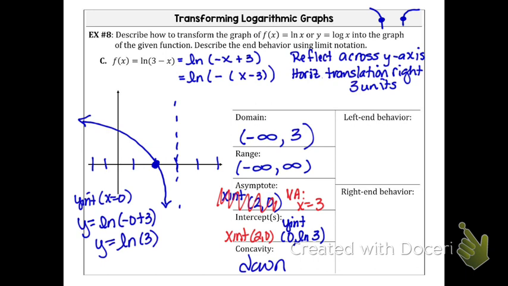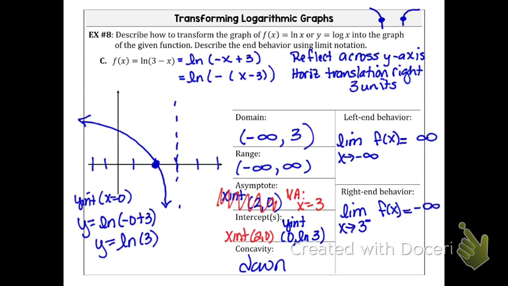So now my left-hand end behavior is the limit as x goes towards negative infinity of f of x equals, and it's going to keep going up, so it's going up to positive infinity. The right end behavior is the limit as x approaches 3 from the left, f of x equals, and at that point it's going down, so it's going to equal negative infinity.